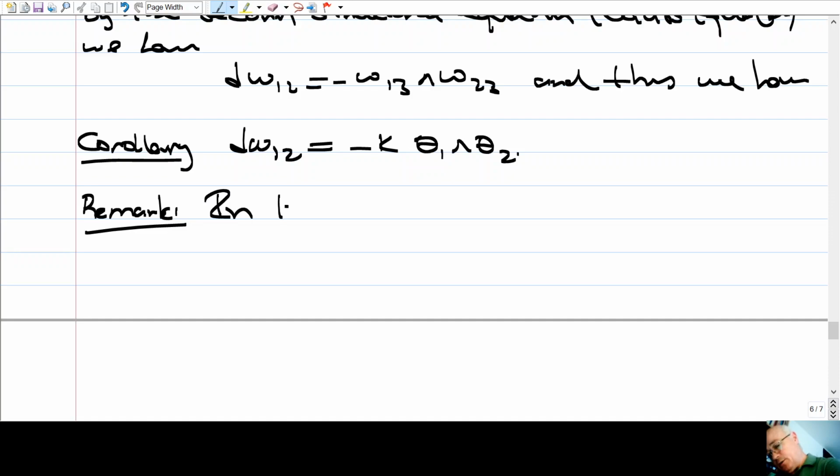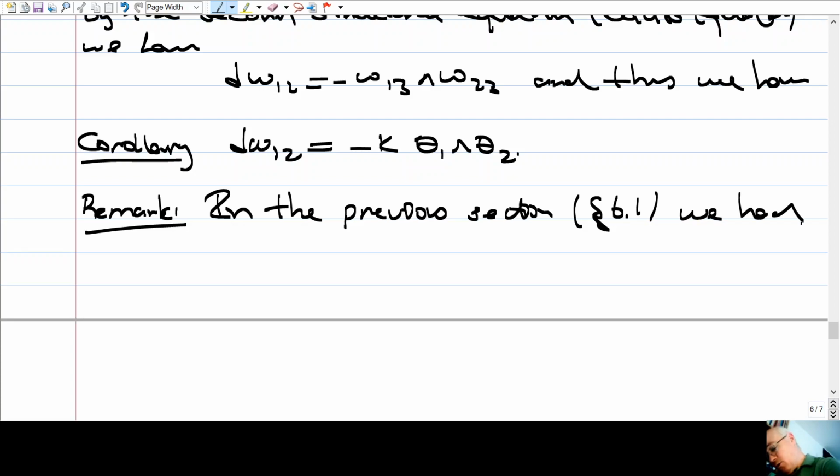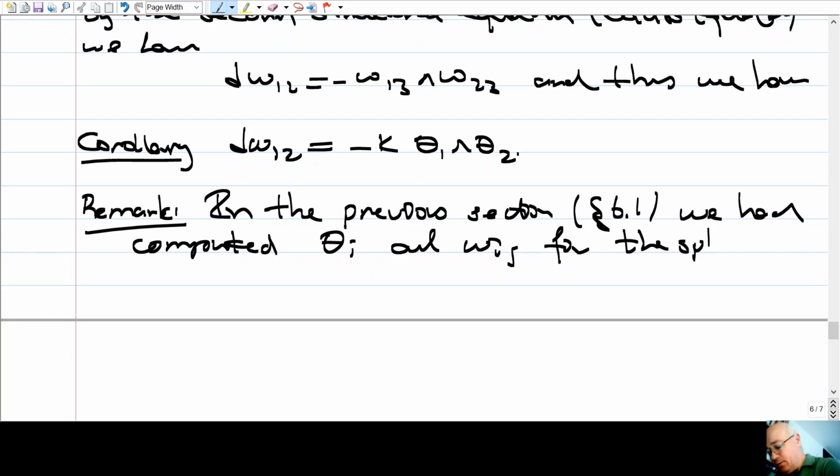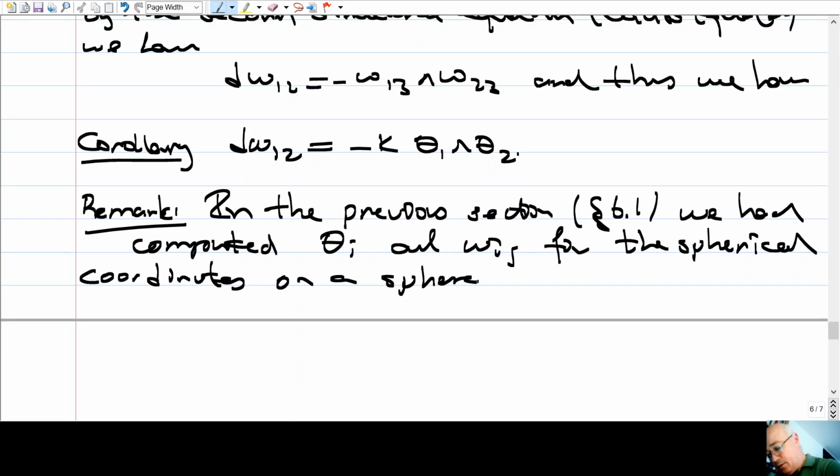In the previous section, I mean section 6.1, we had computed theta i and omega ij for the spherical coordinates on a sphere of radius r.